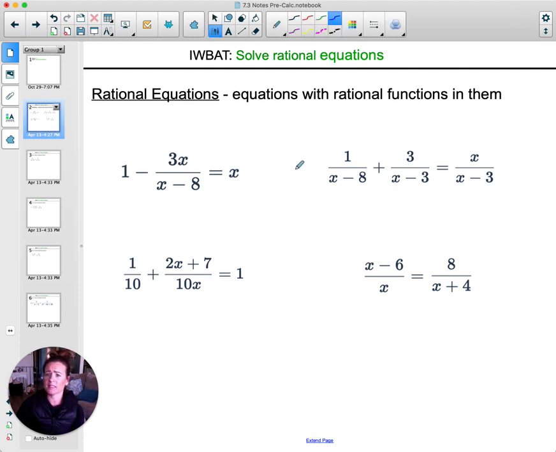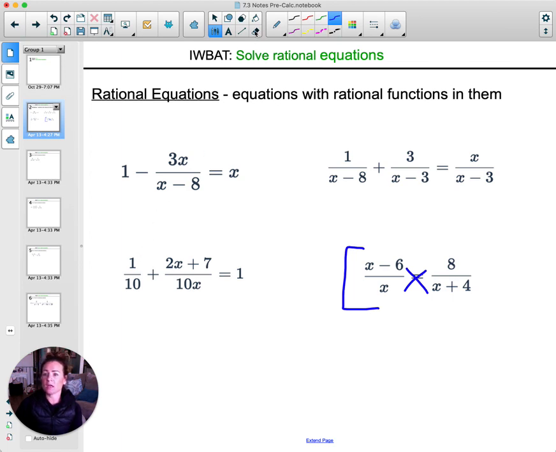There are going to be some different ways to solve these. When you have ones like this that have three or more terms, we're going to multiply by a least common denominator so that we can cancel out the denominators. In ones like this where it's just two, we're going to do cross multiplication like you're used to when solving proportions.